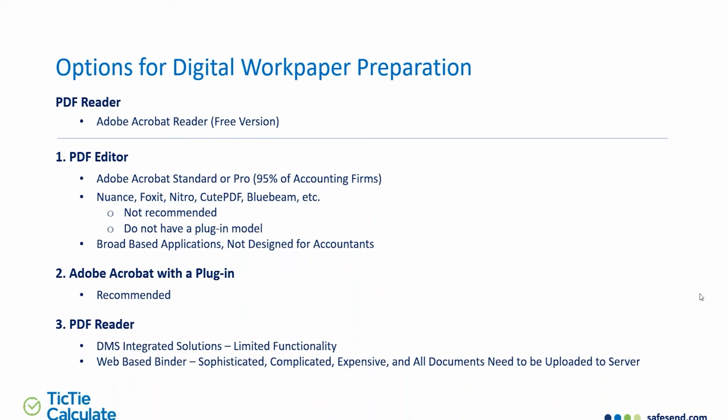In my opinion, it is really built for really big customers, Big Four type customers that have very detailed or high documentation standards. It requires a bit of training and a change in the way you do things. But if you are looking for the most sophisticated workpaper prep solution, that's it. A lot of firms just want something simple, easy. Their documentation standards are not that high, which is why a lot of folks are moving to the Acrobat and Acrobat plugin models.